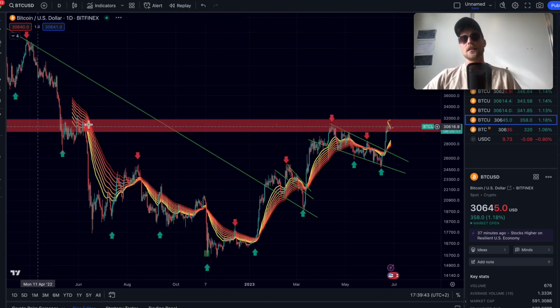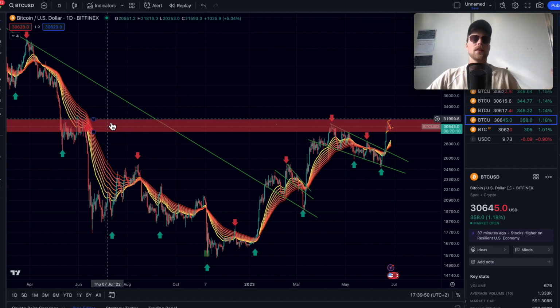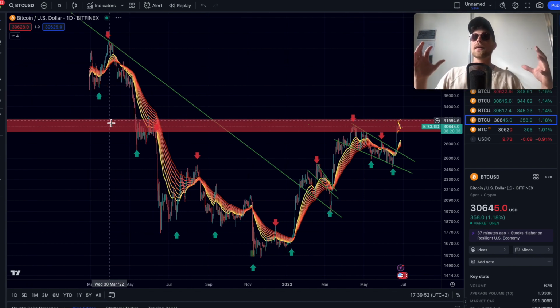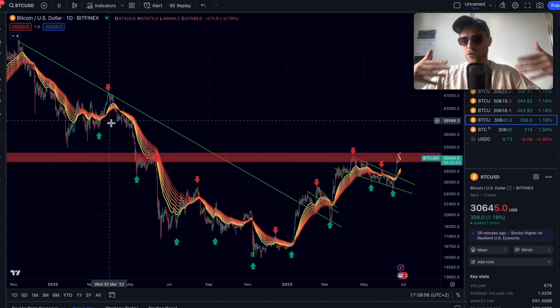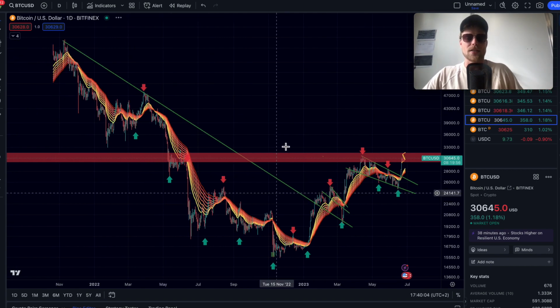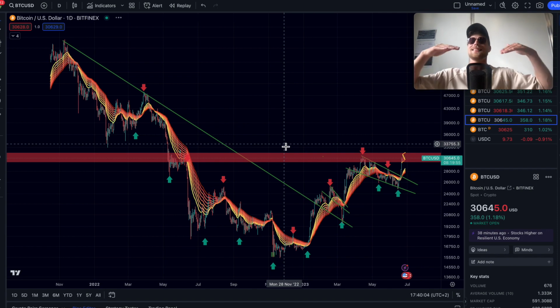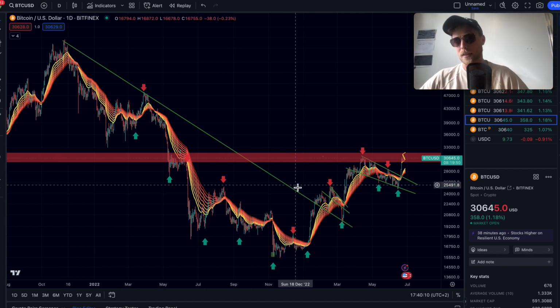But what we have seen is that the start of the previous bull market was actually with a rally from 3 to 13,000. Of course, that was a bigger increase, a little bit over a 4x. Right now that's more difficult because there's more liquidity in this asset, so it's more difficult to get similar gains as return, but that could be a possibility.